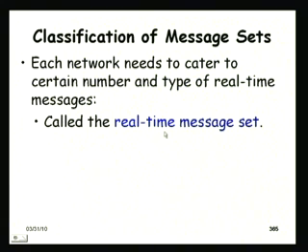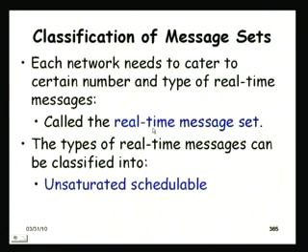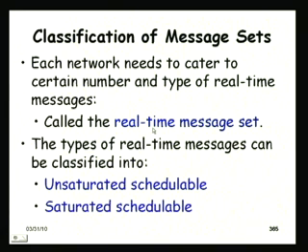Now, we had seen that there can be real time messages and then non real time messages. The real time messages we will classify into two types: the unsaturated schedulable messages and the saturated schedulable messages. So, we are talking of the message sets.